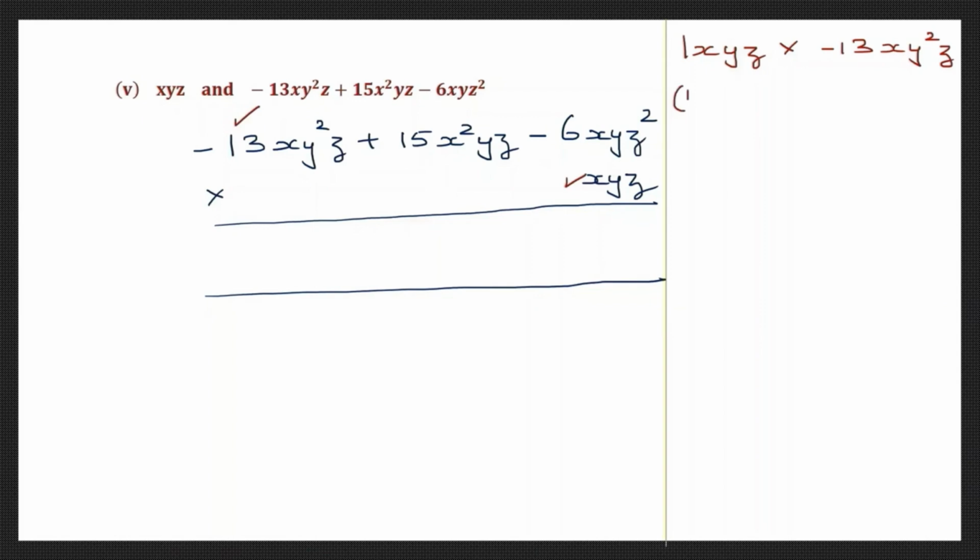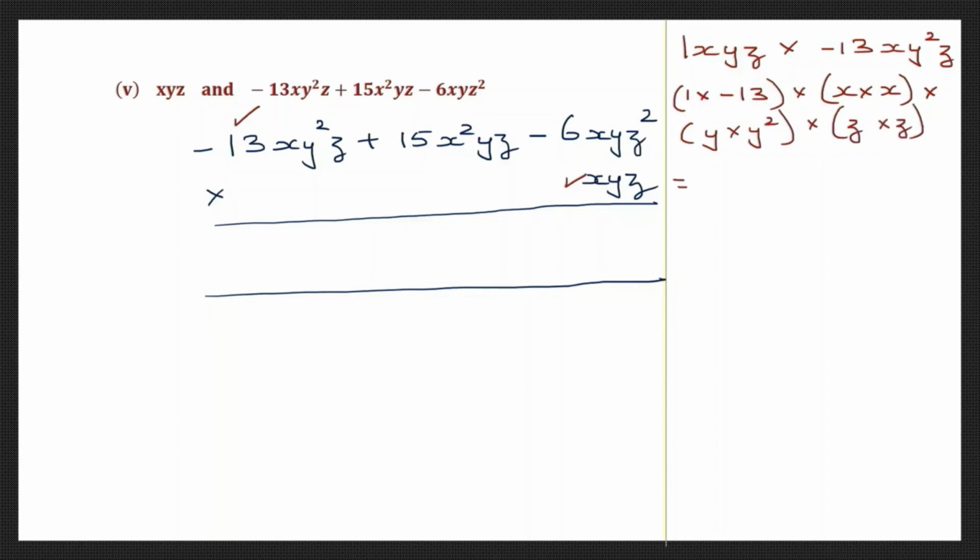We'll take the numbers 1 into minus 13. Now let's take the x here. We have 1x and 1x. So that will be x into x into, let's take the y's. I have y into y square. And let's take the z. It's z into z.